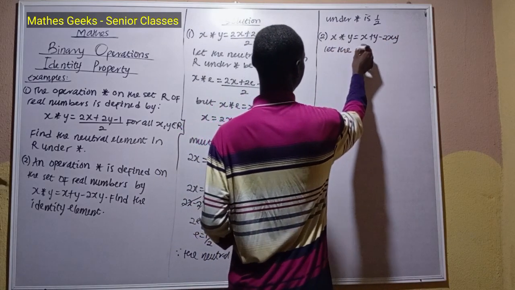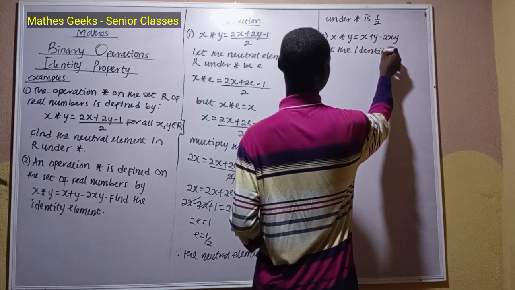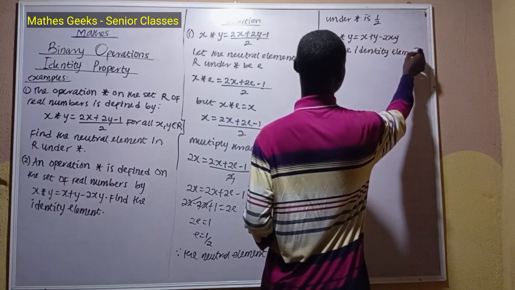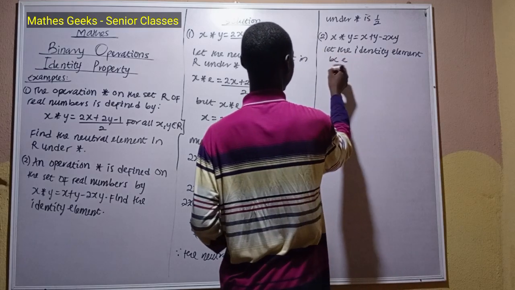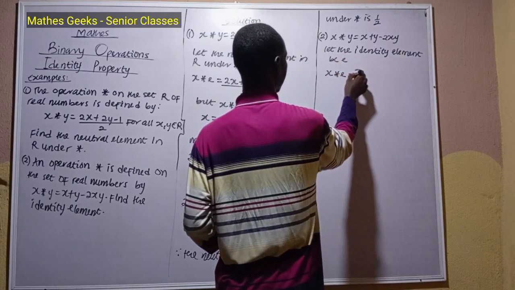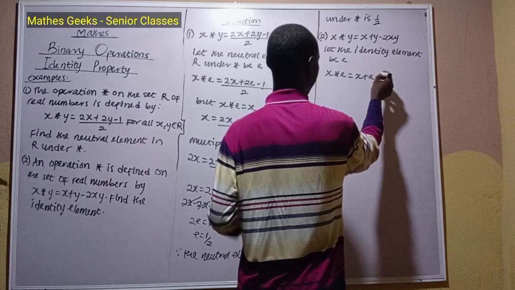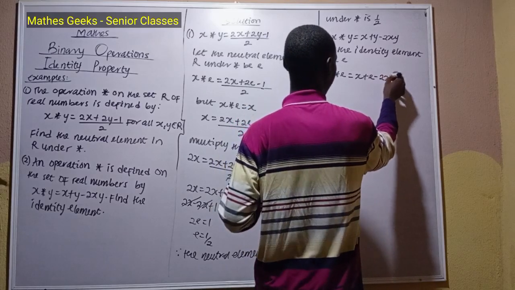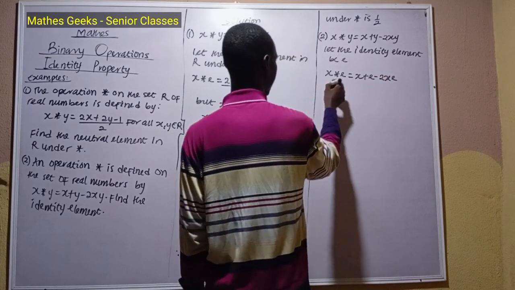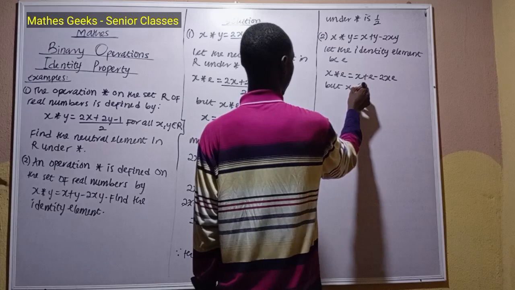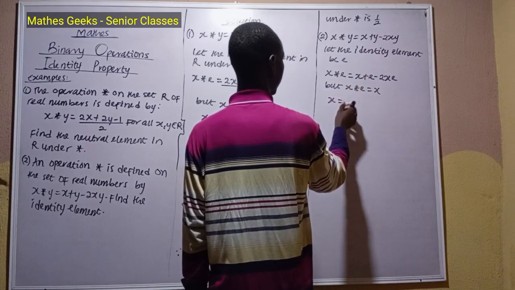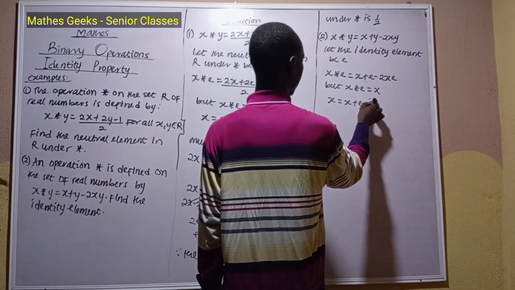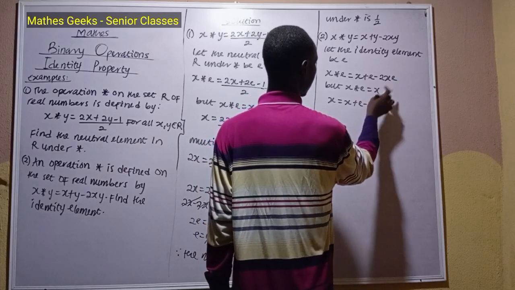Let the identity element be e. x star e is equal to x plus e minus 2xe. But x star e is equal to x. So x is equal to x plus e minus 2xe.